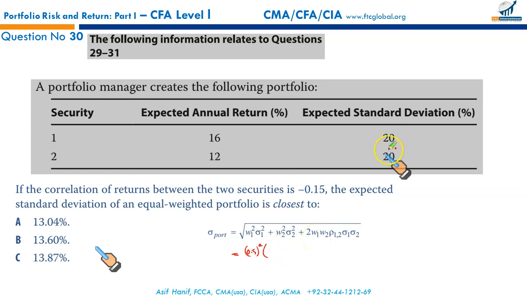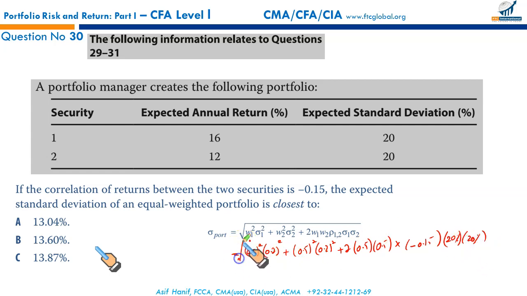Then the standard deviation of security 1 is 20%, so you can write 0.2 squared, plus weight 2, that is again 0.5 squared, 0.2 squared, plus 2 times weight 1, 0.5, times 0.5, times the correlation coefficient which we have been given, negative 0.15, times the standard deviation of security 1, 20%, and the standard deviation of security 2.